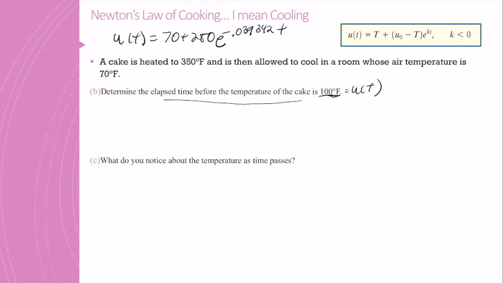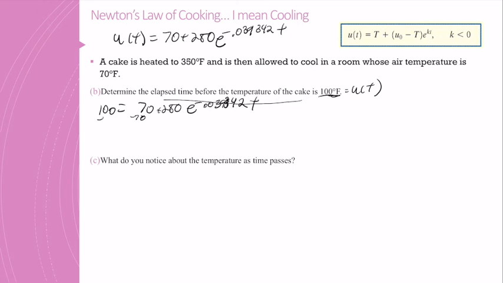So I'm going to take 100 equals 70 plus 280 e to the negative 0.039342 t.